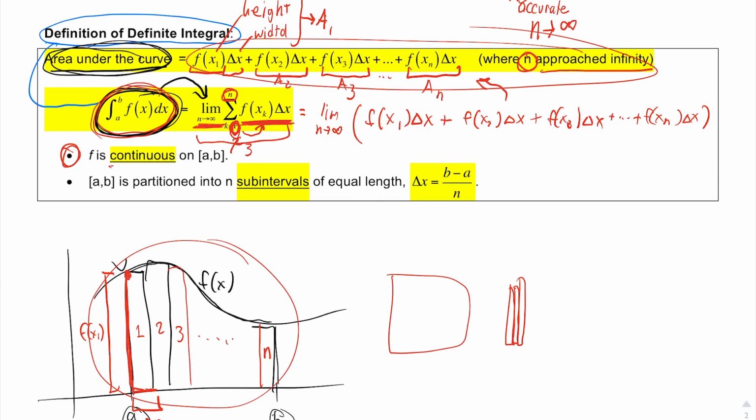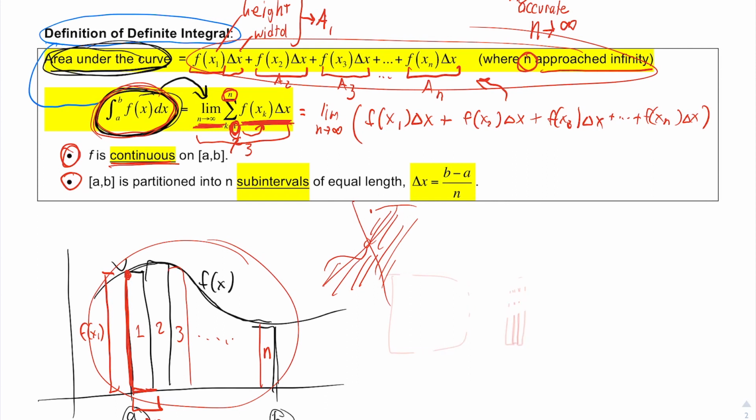We have to make sure that our function is continuous, or else we can't do Riemann sums, okay? That makes sense. If you have a jump, how do you find the area under it, right? You can't really find the area of a non-continuous function, okay? And here's a little helpful point. Just want to give you another tip.